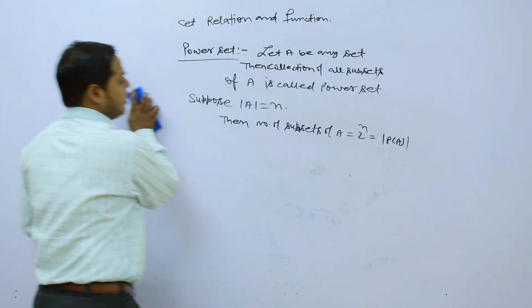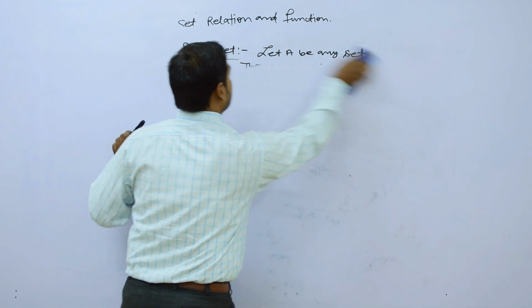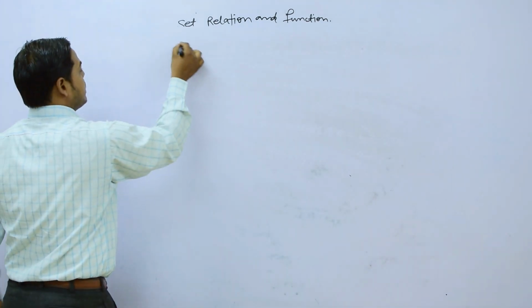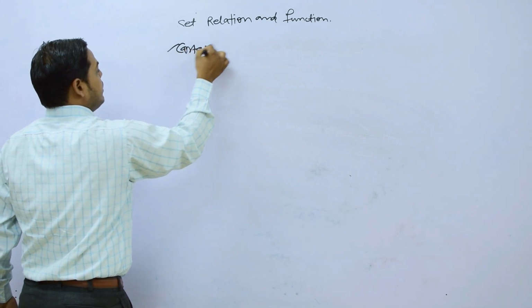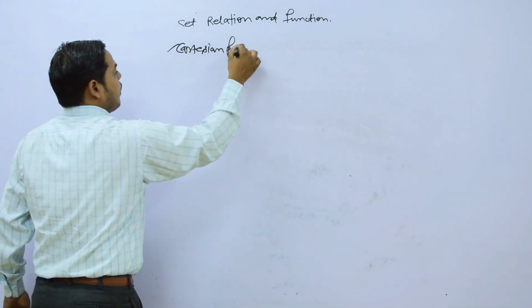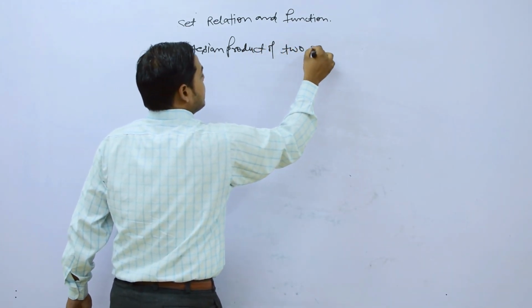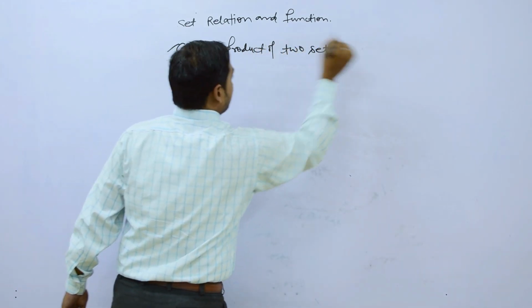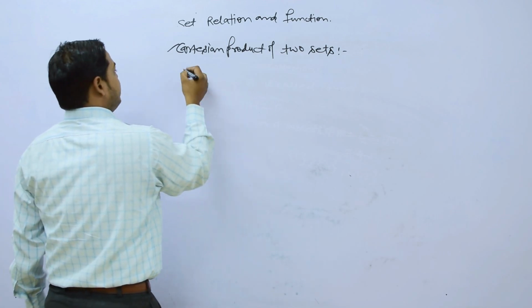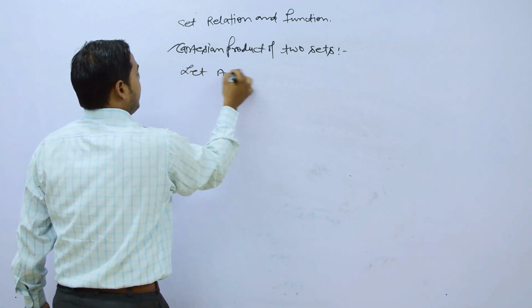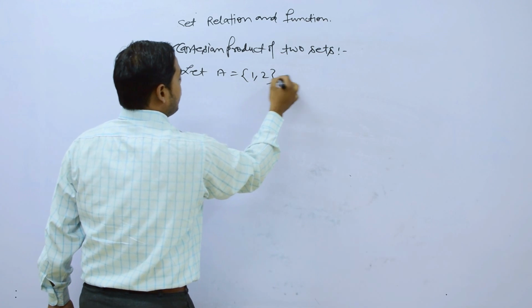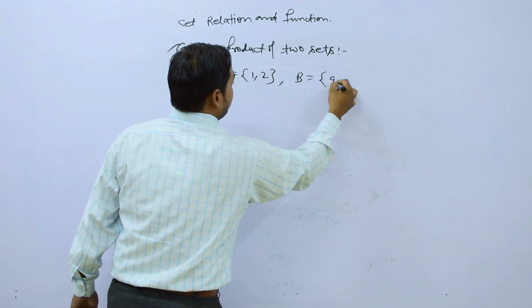Now we define Cartesian product of two sets. Let A equal to 1, 2 and B equal to a, b.